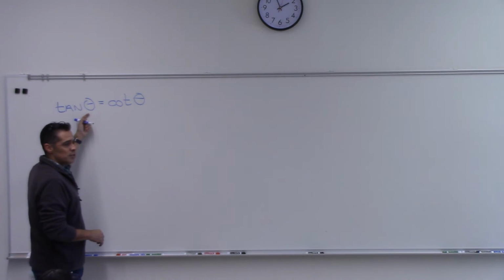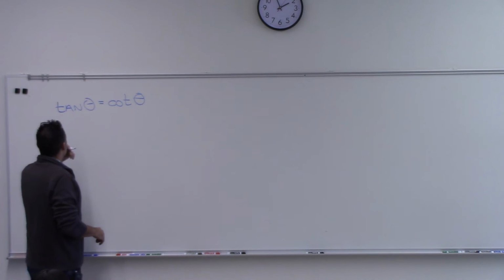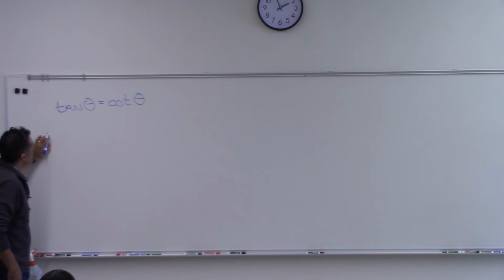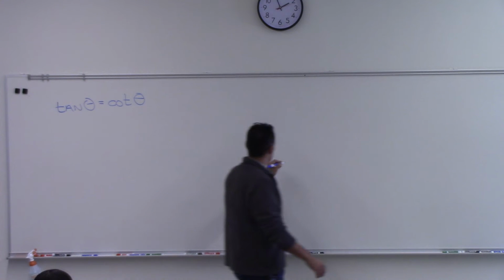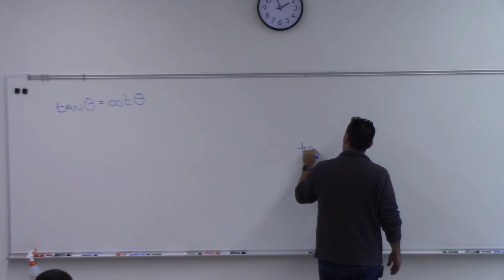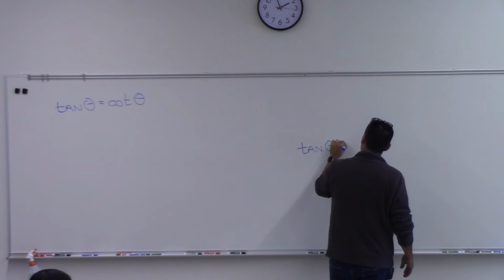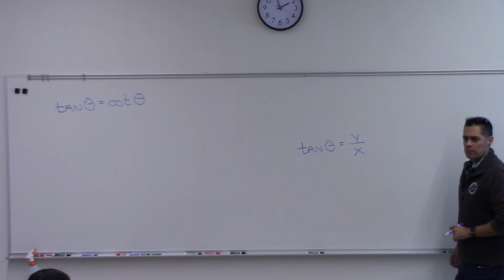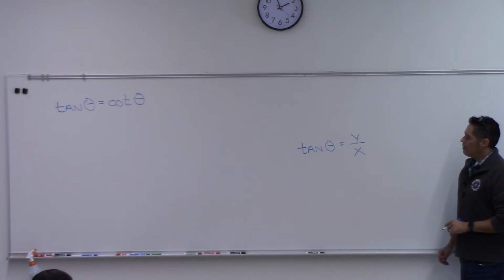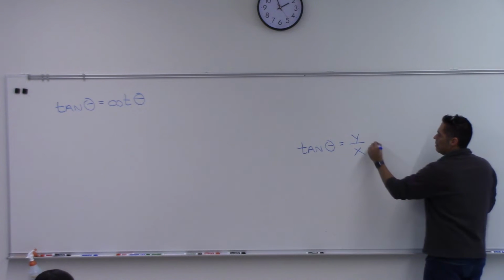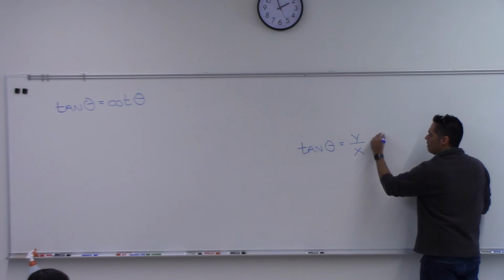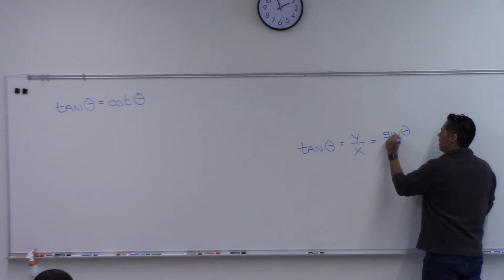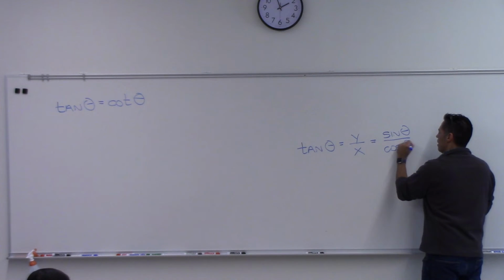Tangent, by definition, how could I rewrite this? Let me see, are y'all comfortable with this? If tangent theta is the y-coordinate divided by the x-coordinate, then I know that the y-coordinate was sine theta, and I know that the x-coordinate is cosine theta.